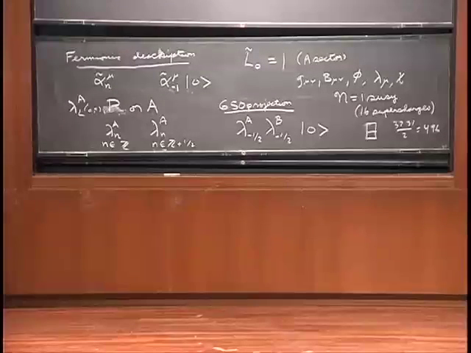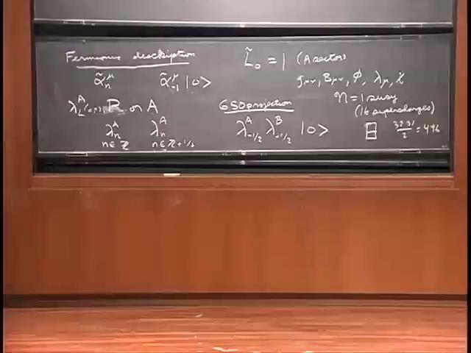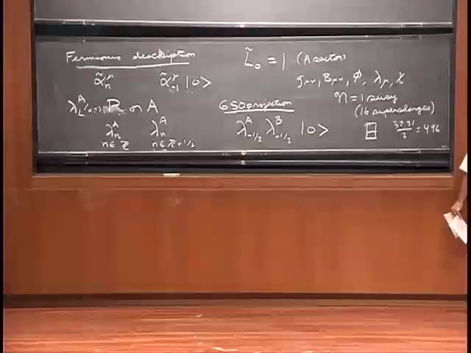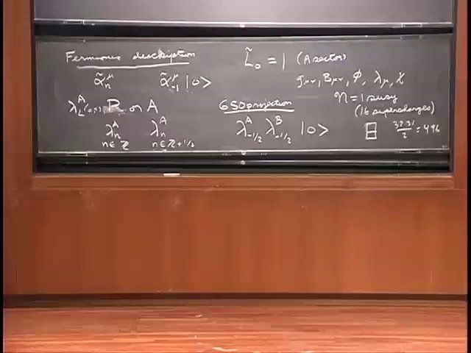So this is a subgroup. SO16 has 16 times 15 over 2, which is 120 generators. And this is also rank 8, so there's no rank reduction in this embedding. And in fact, you can ask how the 248 of E8 decomposes with respect to this subgroup. And so it gives you 120, and that leaves 128 left over.